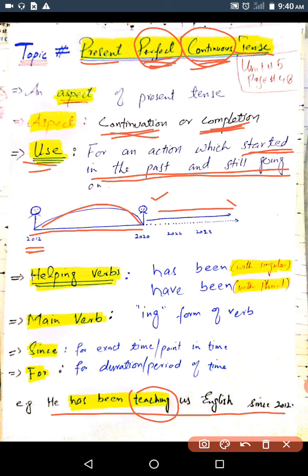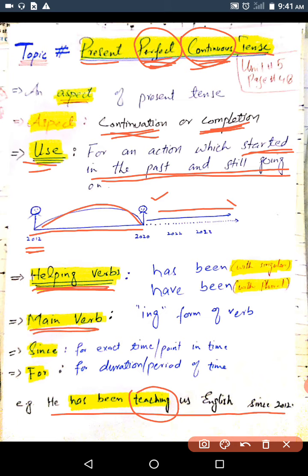Now let us come to the rules, how we can form its sentences. In any tense there are two main things which are very important. If you learn those two things, then you can form sentences of that particular tense. The first one is the helping verb. You have to ask which helping verb is used and which form of main verb is used.